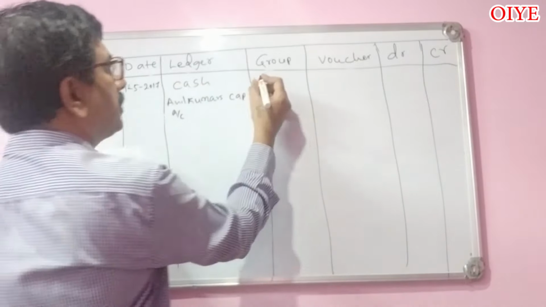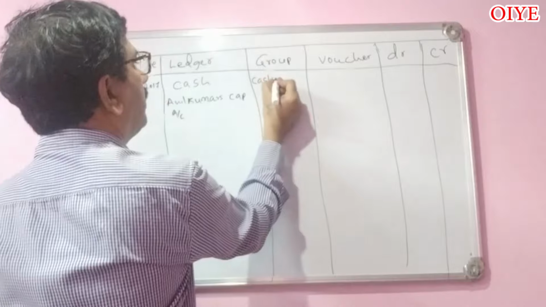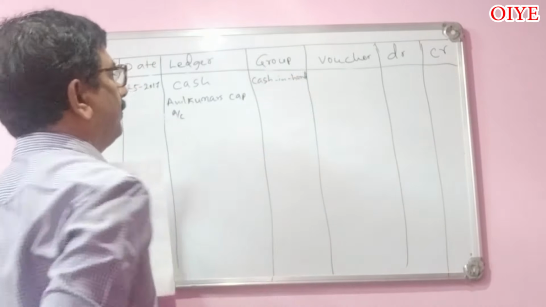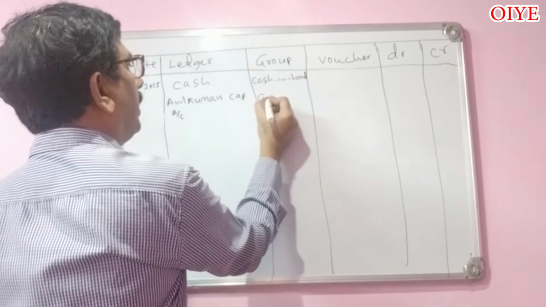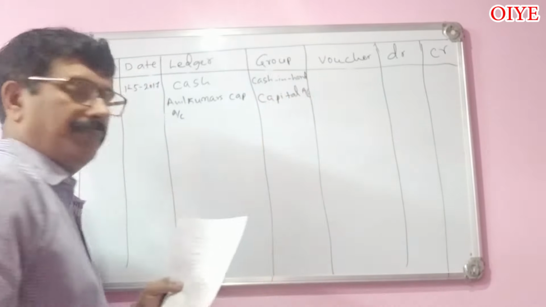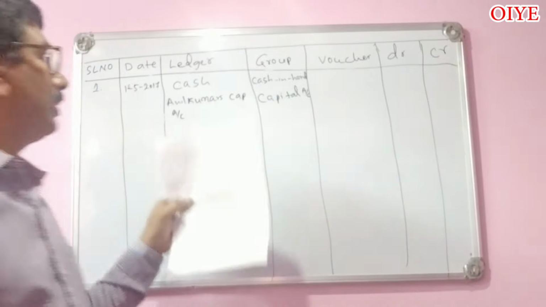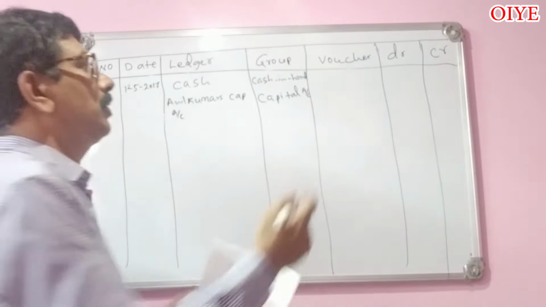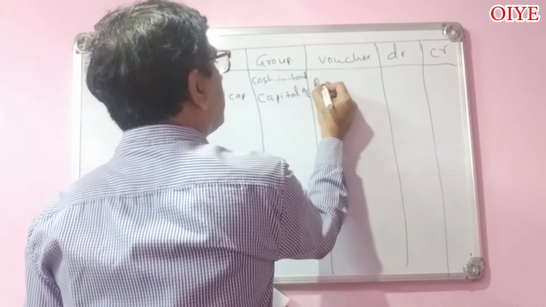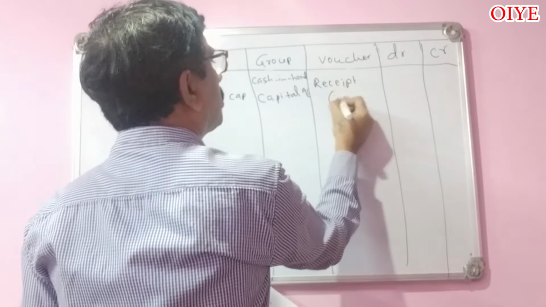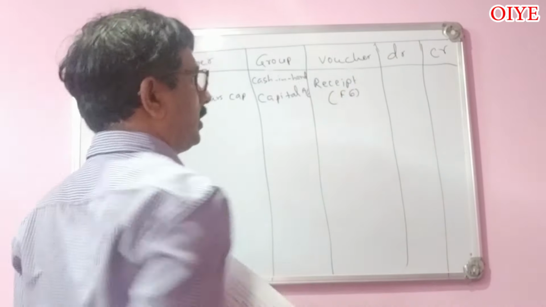Now the cash group is cash in hand. It is a subgroup of current asset. Anil Kumar's capital account comes under capital account. And the voucher, the cash is coming into the business, so the voucher is receipt. And the shortcut key for that one is F6.